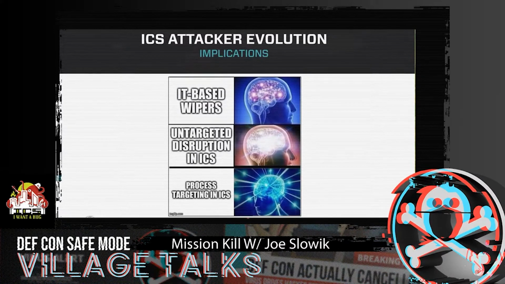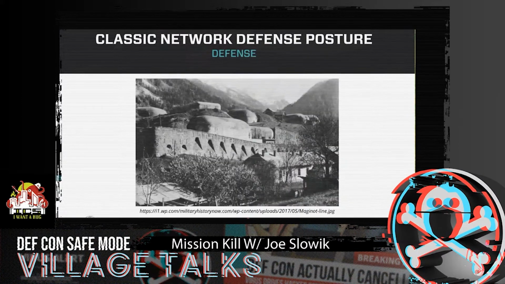Then getting into more targeted disruption, just trying to disconnect processes and inhibit control, something like we saw with the 2015 Ukraine event, and then getting into more advanced and more specific targeting, such as the focus on protective relays in 2016, the focus on safety systems in 2017, or the focus on hydrodesulfurization operations in the 2019 kinetic strike.